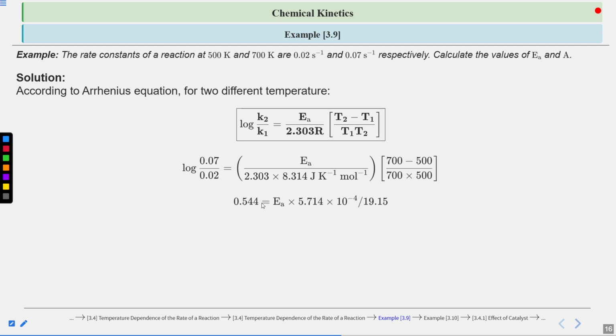So 0.544 equals EA multiplied by 5.714 multiplied by 10 to the power minus 4 divided by 19.15. When you simplify, EA will be 0.544 multiplied by 19.15 divided by 5.714 multiplied by 10 to the power minus 4. After solving this fraction, EA comes out as 18,230.8 joule.